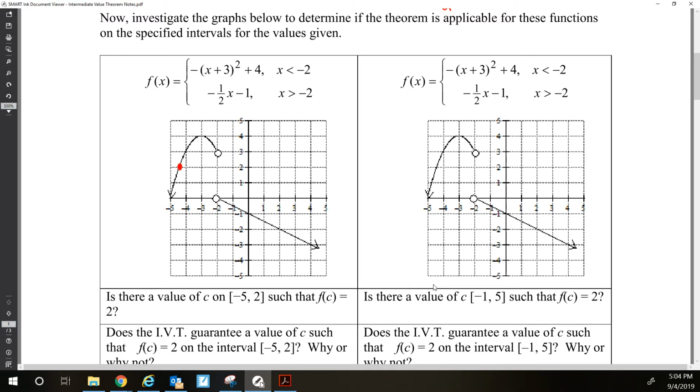So we can say yes, there is a value of C on the interval -5 to 2, sorry, not -2, +2, such that f of C is equal to 2.